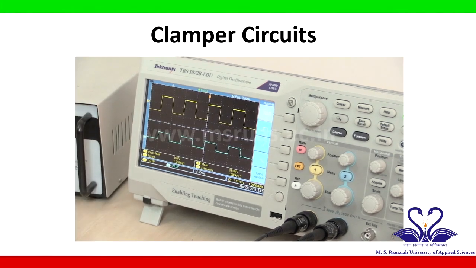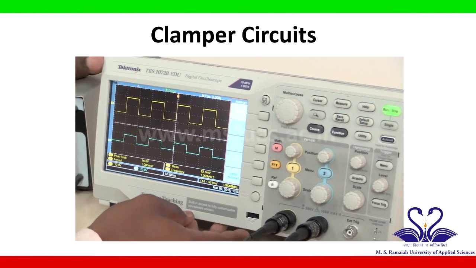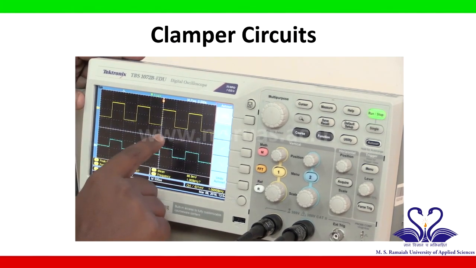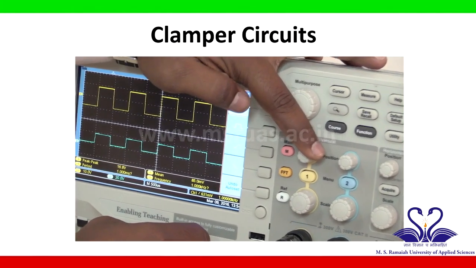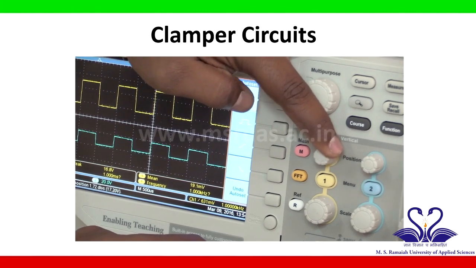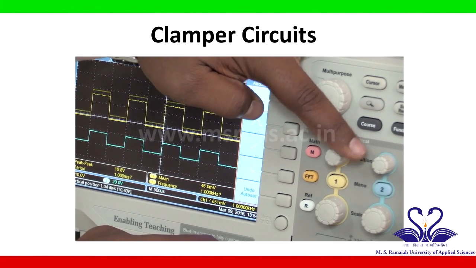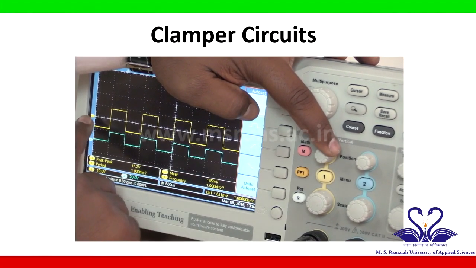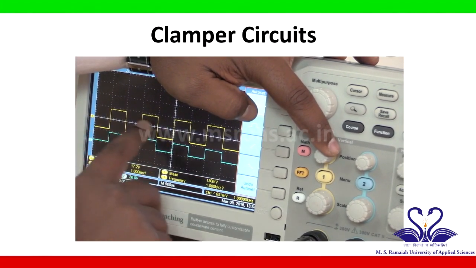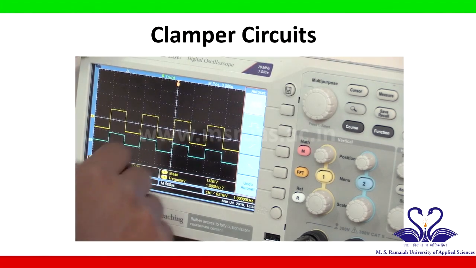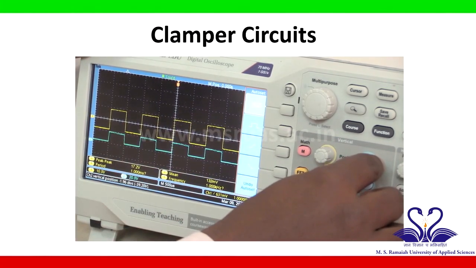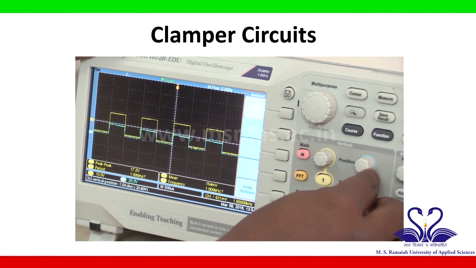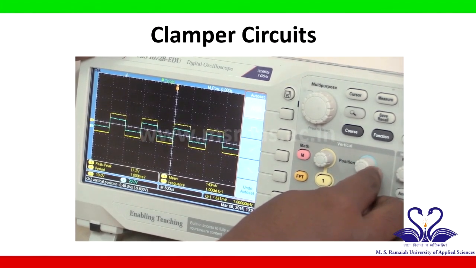So I will move this input voltage and output voltage to the reference line in the display by using this vertical position. Channel 1 signal I am moving down so that I can merge the channel 1 reference line with the reference line of the display. Similarly, I will move the channel 2 pointer to the reference line.